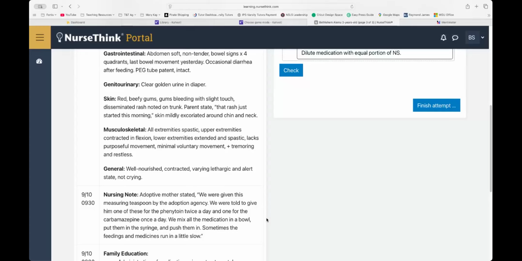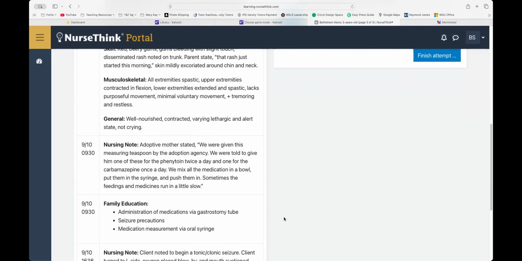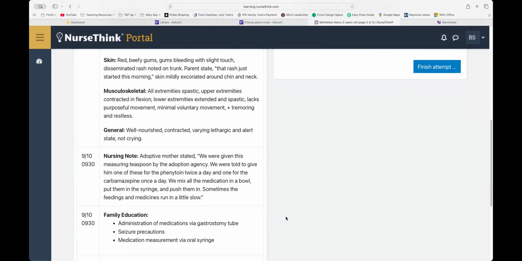So again, we don't know how much we're really getting into Bethlehem. So we need to do lots of education for this family. So we are going to teach them to properly measure those medications in an oral syringe, how to safely give them via that G-tube route, and also talk to them about seizure precautions.